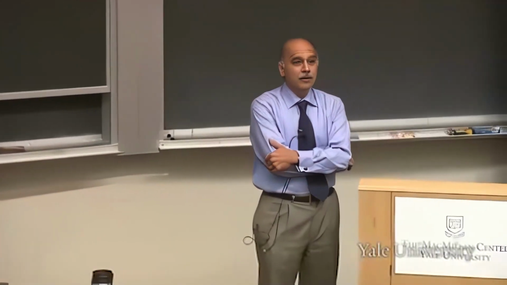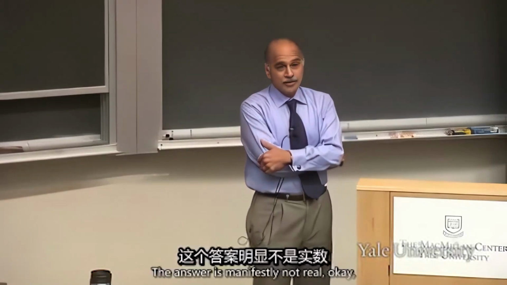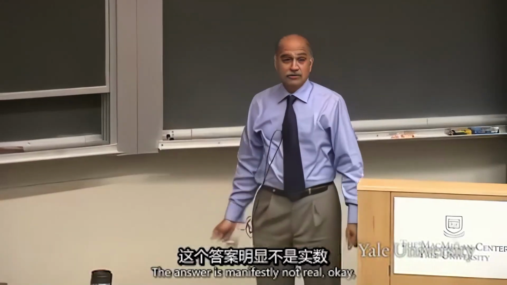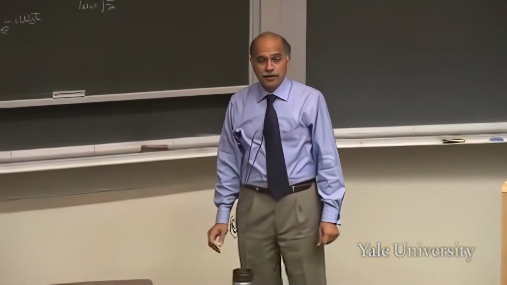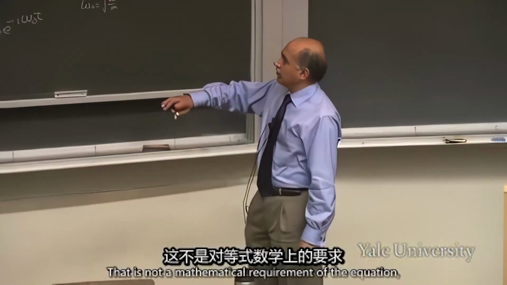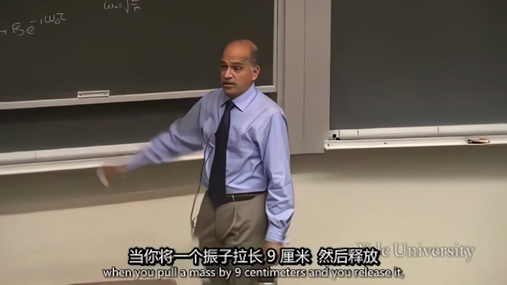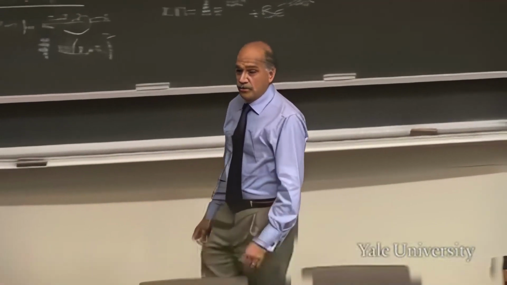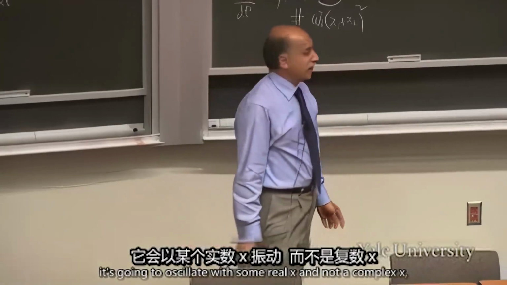It has imaginary numbers? Yes, that should bother you. The answer is manifestly not real. Okay? And we know x is a real function. That is not a mathematical requirement of the equation, but a physical requirement that when you pull a mass by 9 centimeters and you release it, it's going to oscillate with some real x and not a complex x, so you got to fix that.